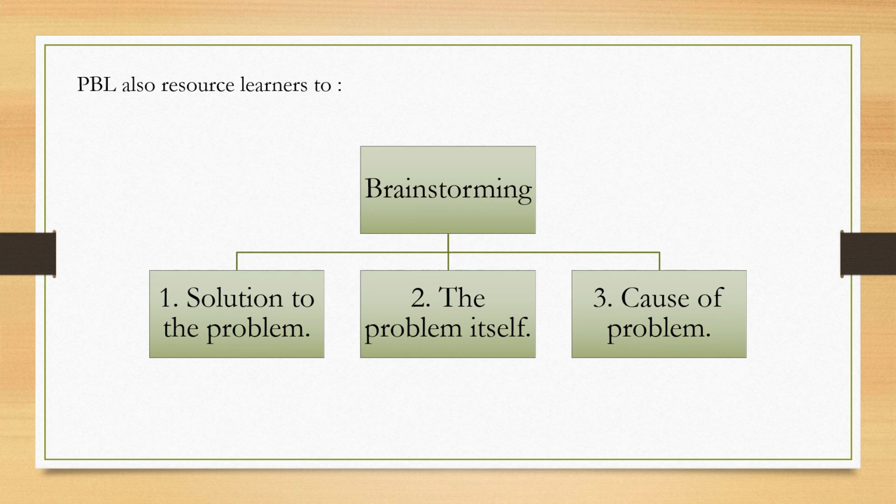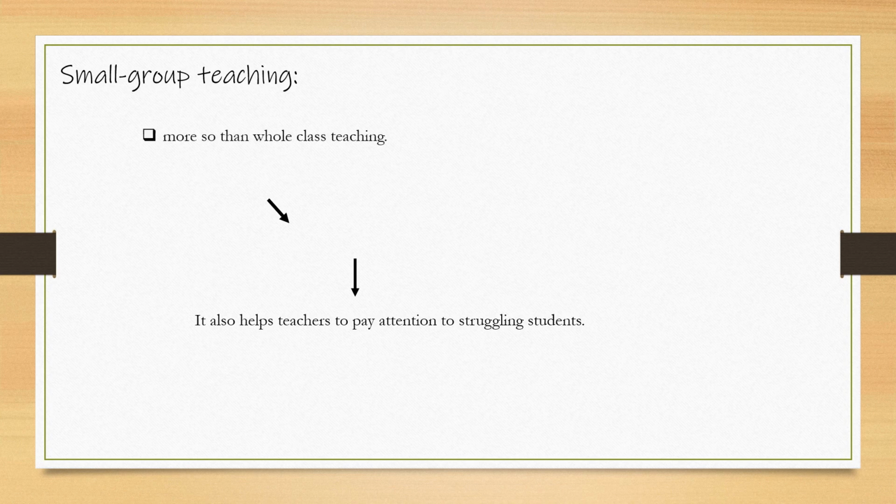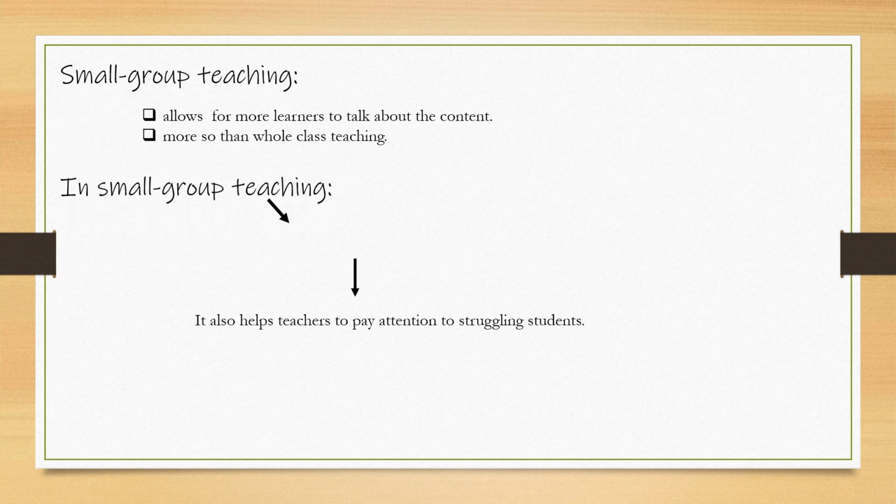Small group teaching allows for more learners to talk about the content, more so than they would have in the whole class. In small group teaching, each learner gets a chance to discuss the content.